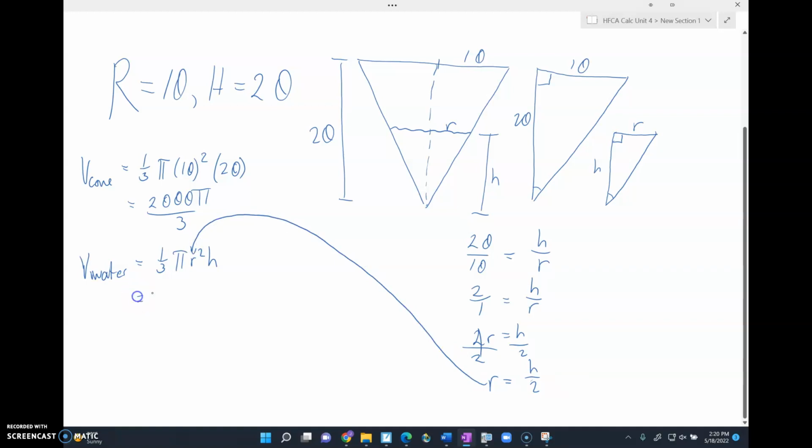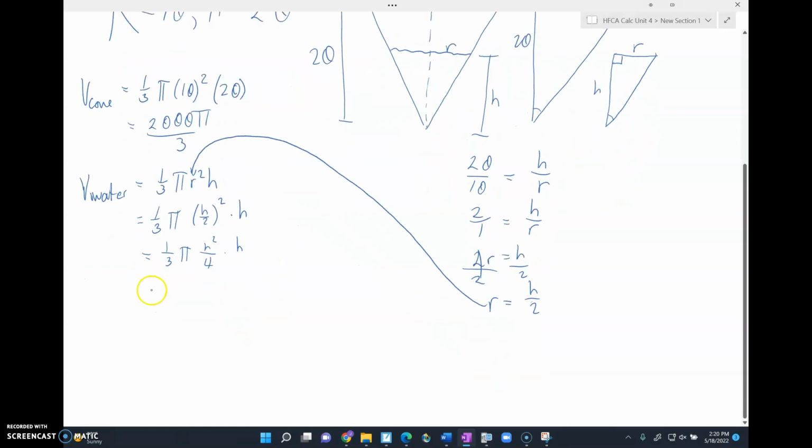If I make a substitution there, I have 1/3 pi, and instead of r, I'm putting in h over 2. I'm going to square that times h. So when I simplify all this out, I'm going to end up with 1/3 pi h squared over 4, because I square both numerator and denominator, times h. It's kind of a mess right there, so I'm going to clean it up a bit and write this as pi h cubed over 12.